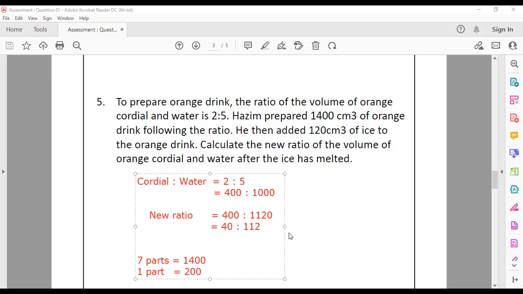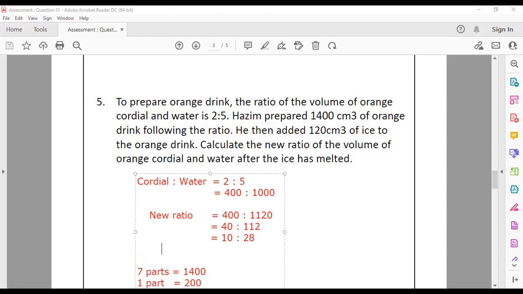And then I'm going to also simplify it by further dividing with, can I divide with 4? Yes. Okay, what would I get? If I divide by 4, here I'll get 10. And 112 divided by 4 is how much? 28. Yes or not?